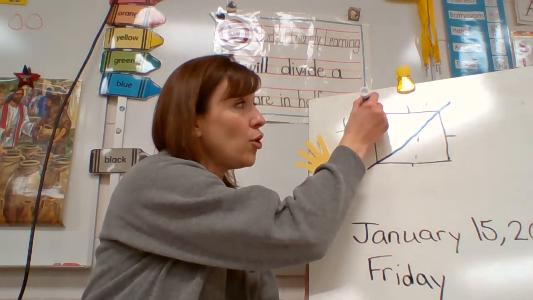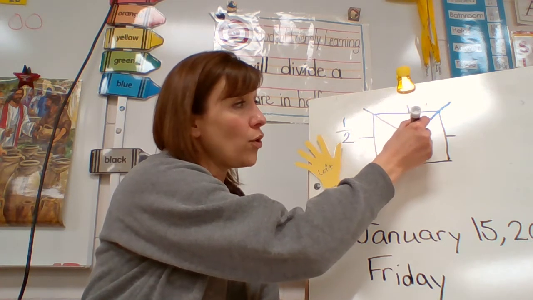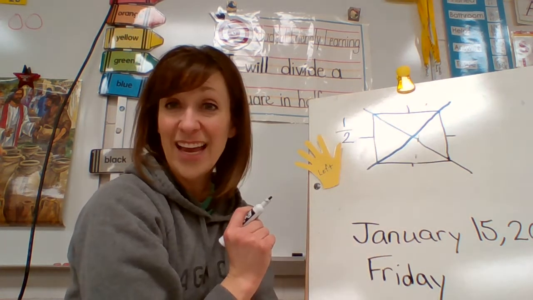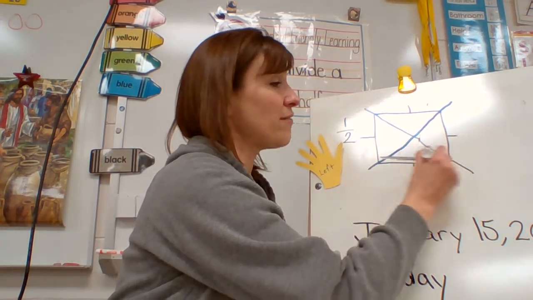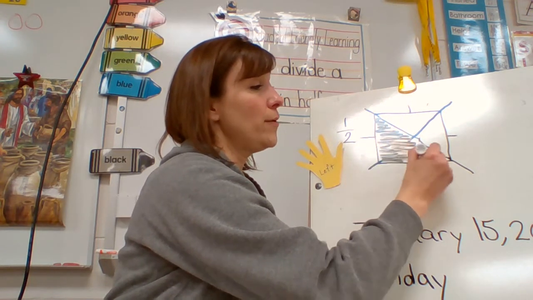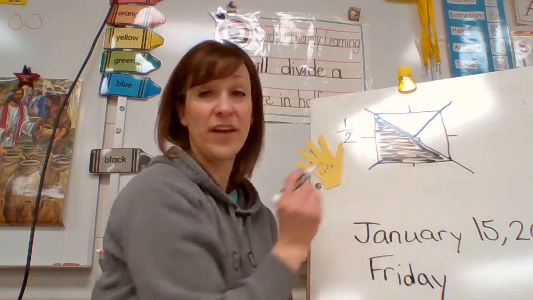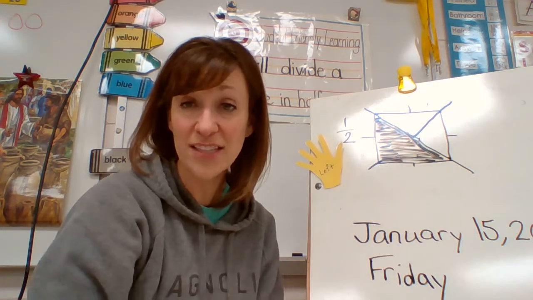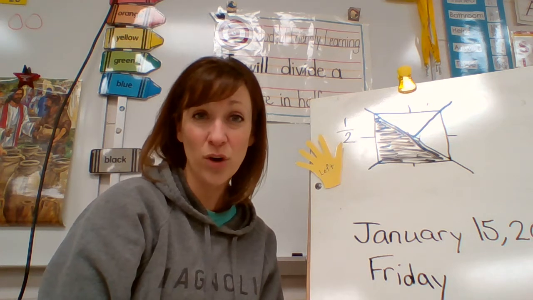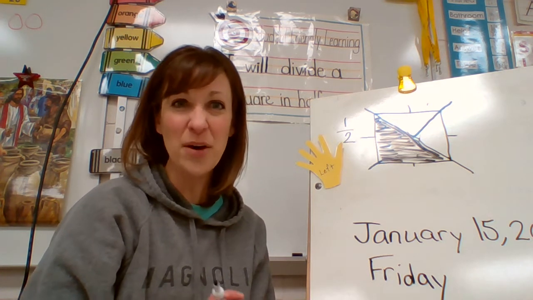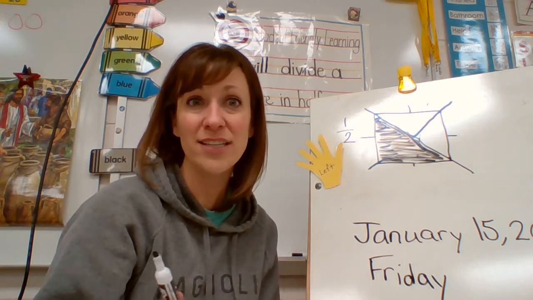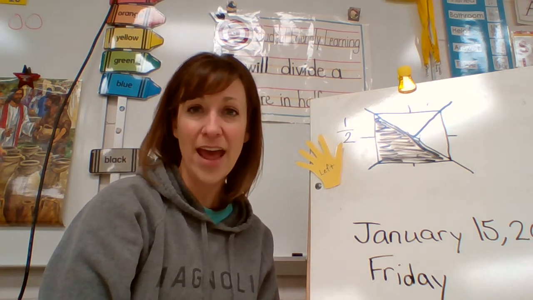We could also go from the opposite corner down to that bottom corner and have it also divided in half. I could color it in to show you how half of it is colored black and half of it is left white and empty. So there are some different ways that when you're looking at shapes, think about a way that you can divide that in maybe a unique or a different way to show one half.